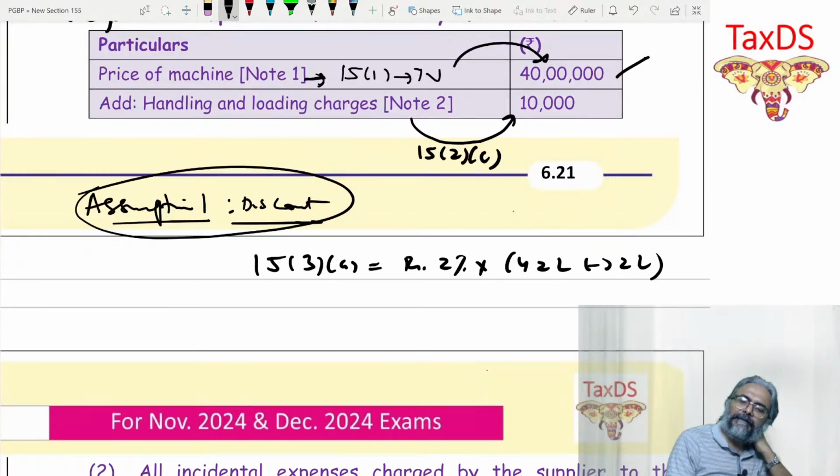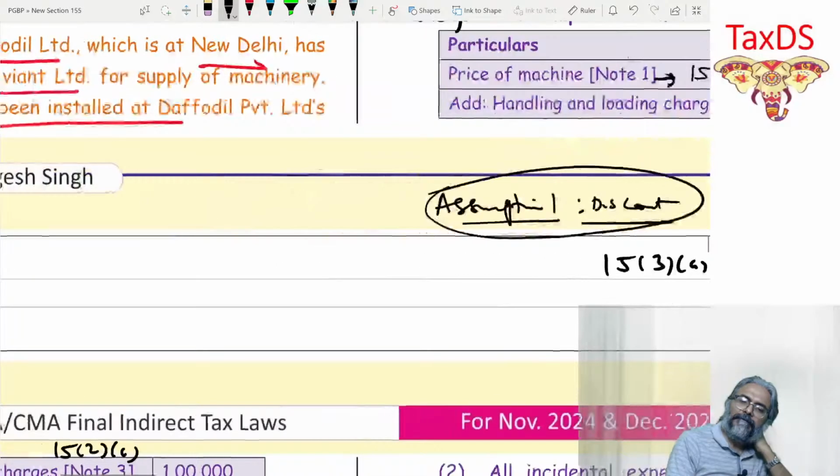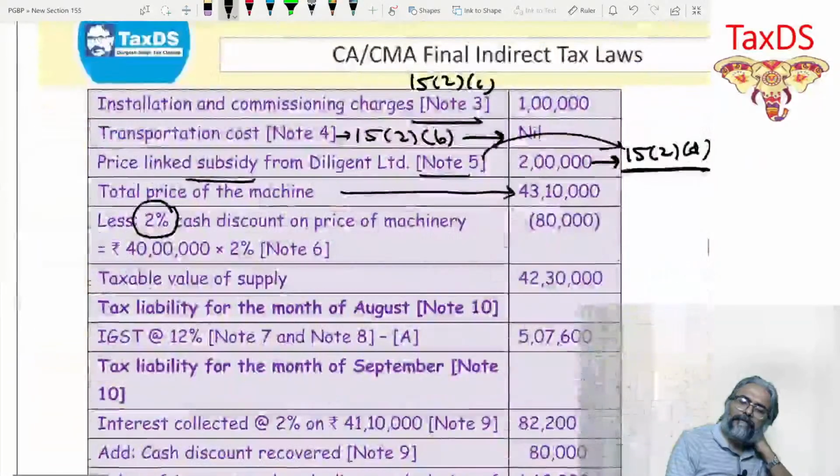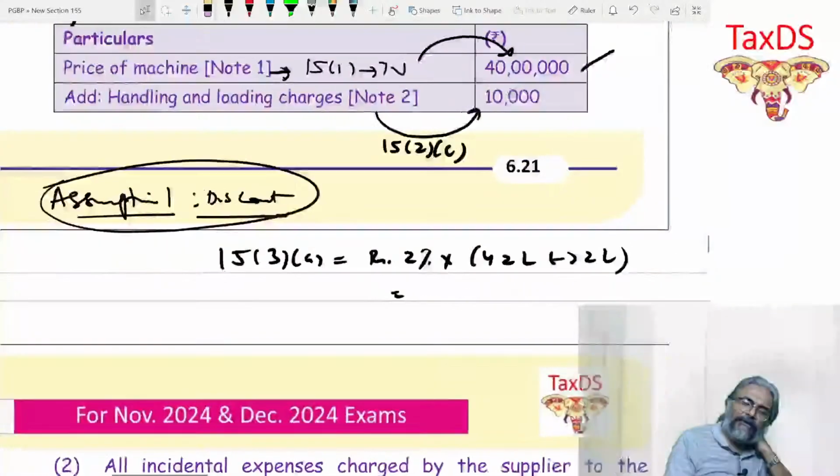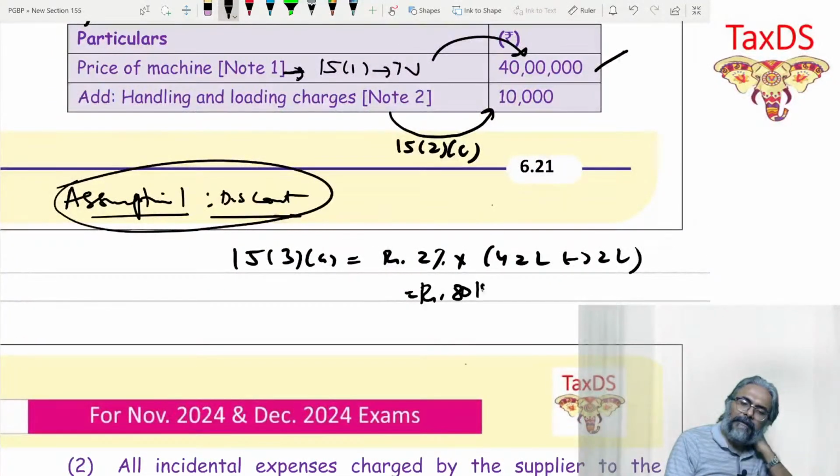Show it like this, which is equal to rupees 80,000.